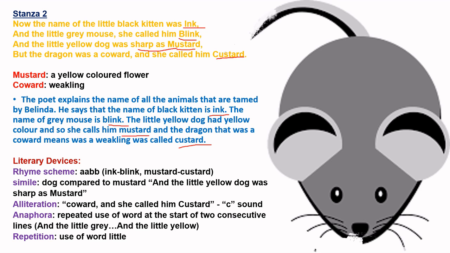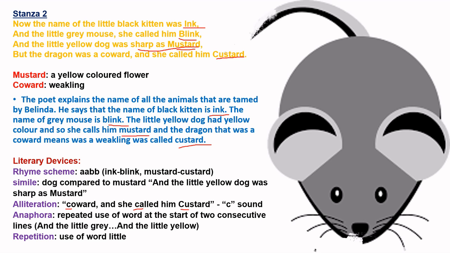So this literary device is known as simile, when there is a comparison using the word as or like. Then you have another literary device, alliteration. "Coward and she called him Custard." You see here this letter C, and here called, C, and again in custard you have C. So the C sound is repeated, and this literary device is known as alliteration.